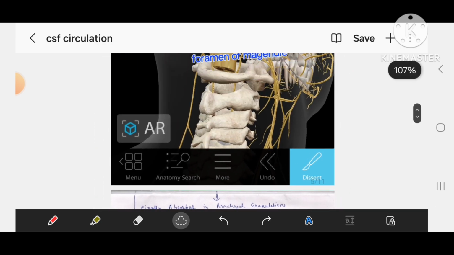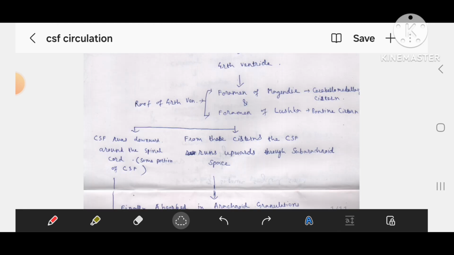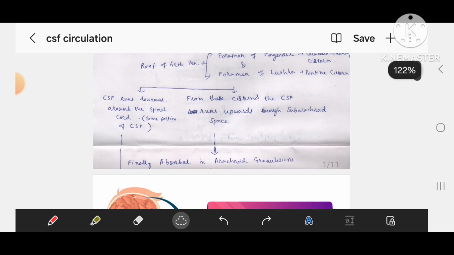The other route, that means the downward route. From these two spaces, the CSF will also run downwards around the spinal cord, but it is a small portion of the CSF. The majority will run upwards.